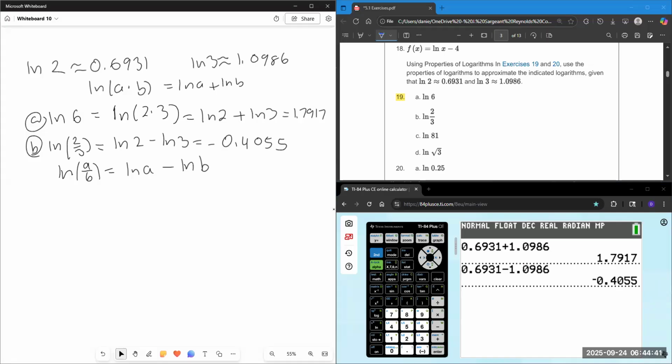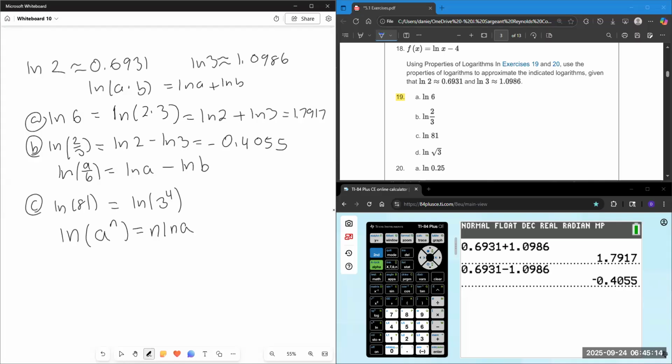And then we have C is ln of 81, which is ln of 3 to the 4th power. So we have a log property that says ln of a to the n power is n ln of a, something like that.